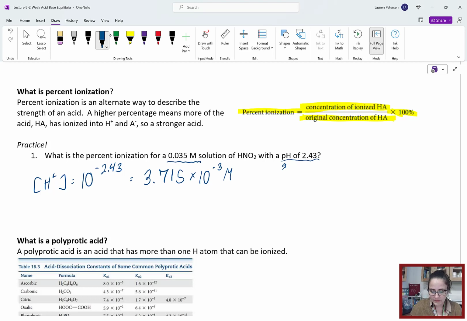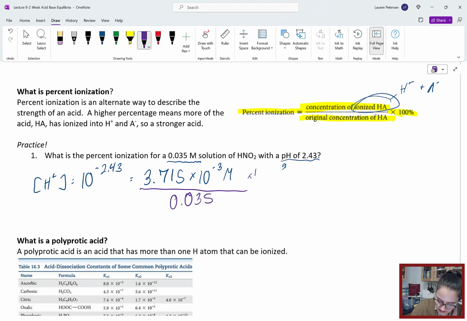So that will be the concentration of the ionized HA, because ionized means it'll be H plus and A minus. So we can do that number over the original concentration, 0.035, and then times it by 100%, and we get our answer of 10.6%. Okay, cool.